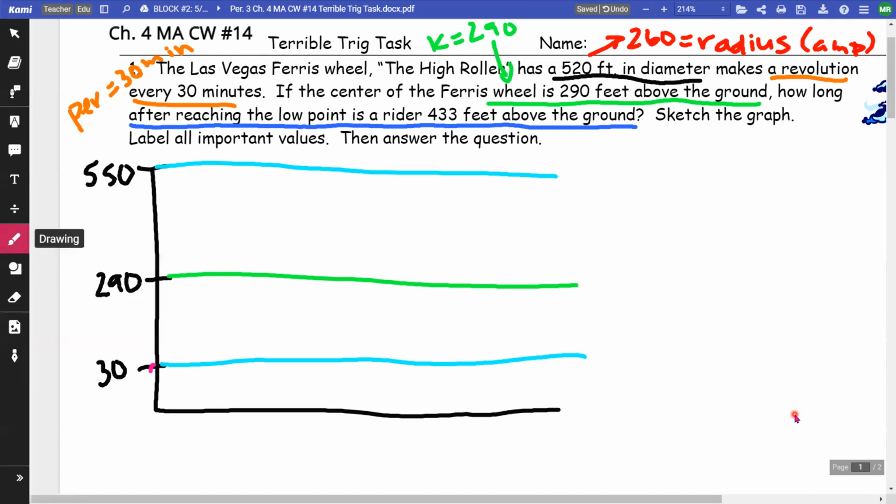So I'm going to start my low at 0. That way it's going to be easier for me to calculate after my low, when's the first time I reach 433. So that's going to be my first point. I'm going to have 1, 2, 3, 4, 5. This is going to be 30 because I'm starting at 0 and my period is 30 minutes.